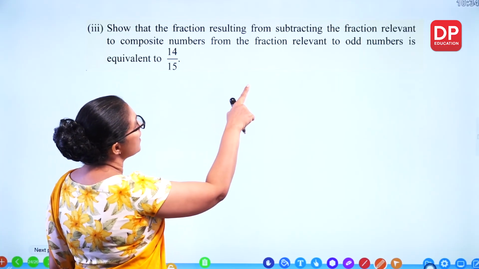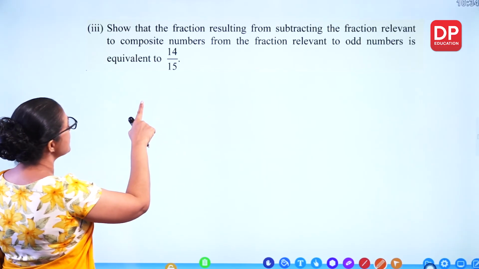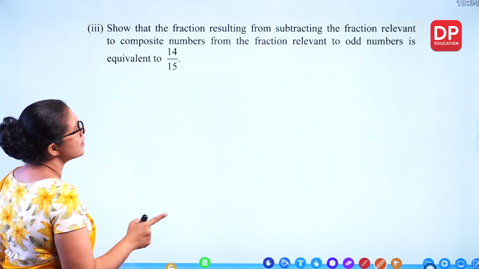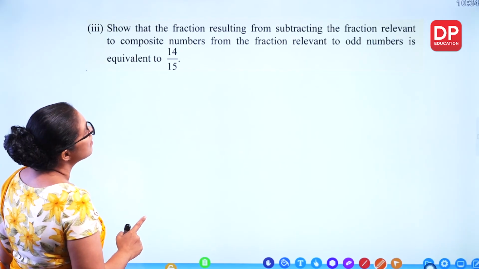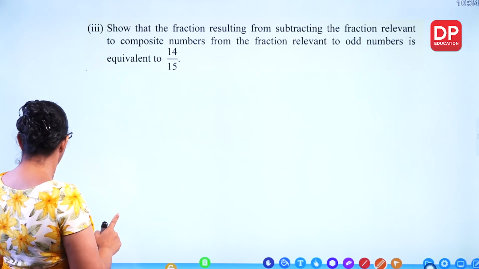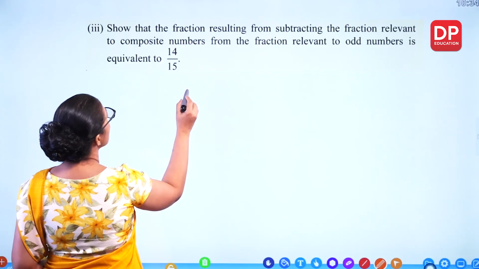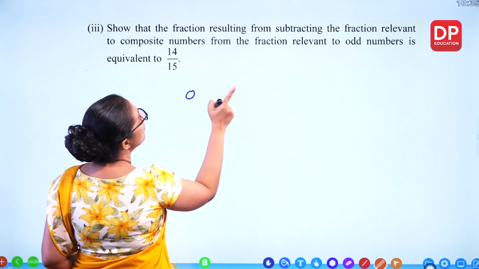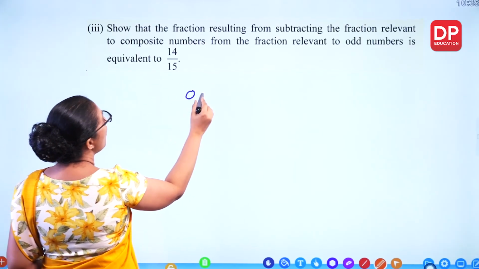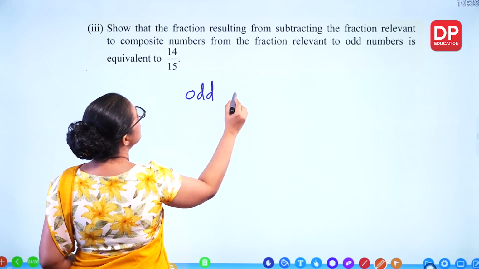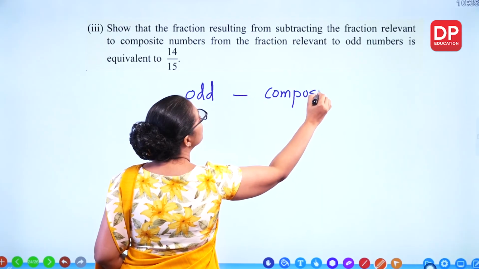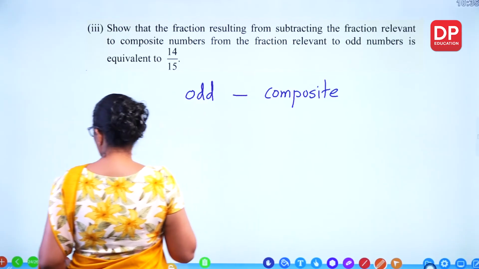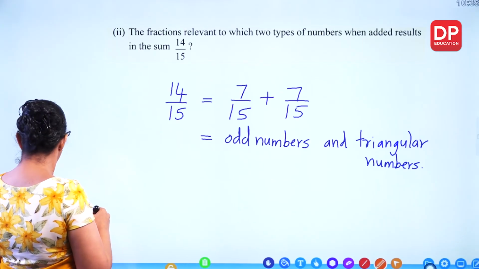So, odd minus composite. We'll find out what's the odd one.